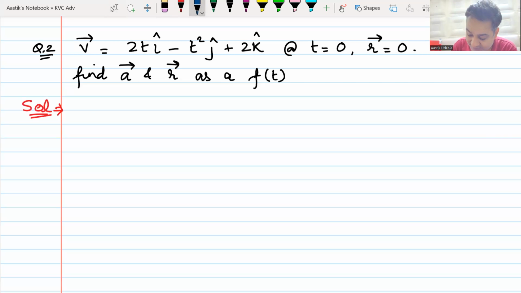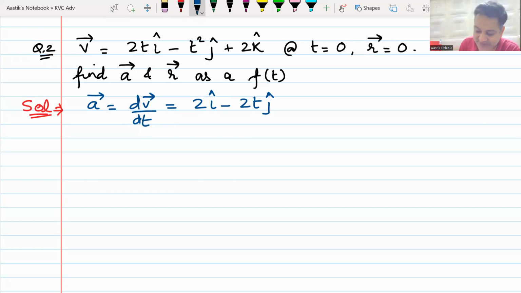To find out the acceleration, you just have to find out the first derivative of velocity. You just need to differentiate the first equation and you will get 2i minus 2tj. Do we all understand this?